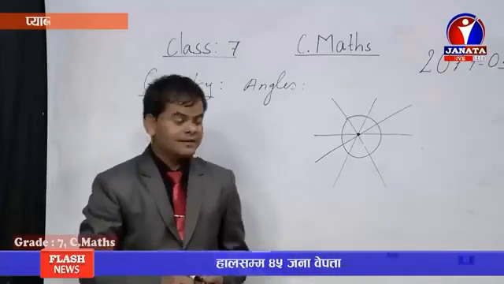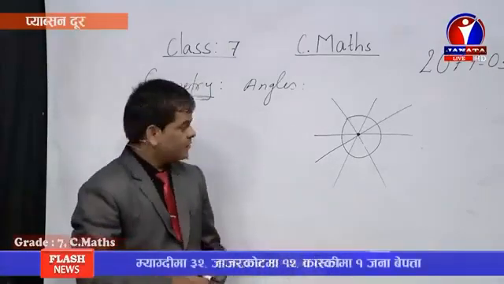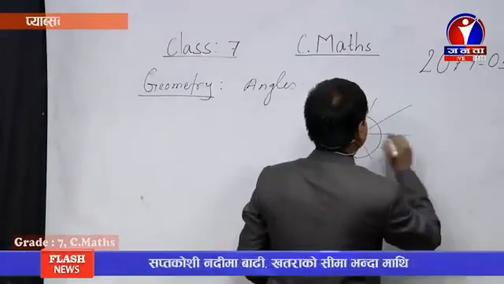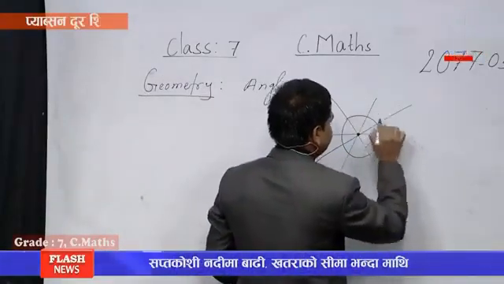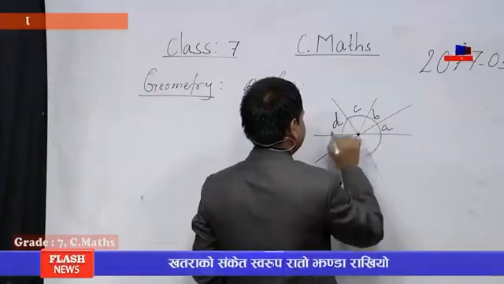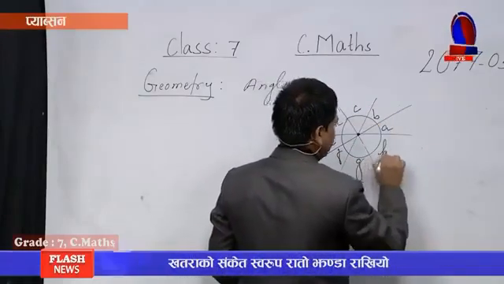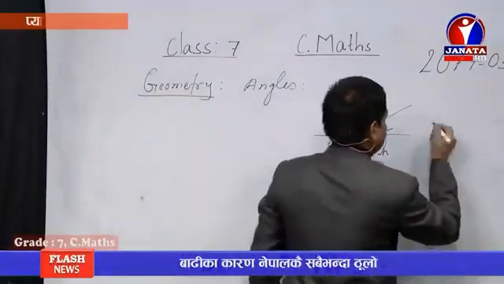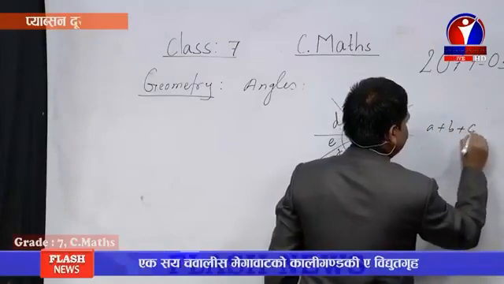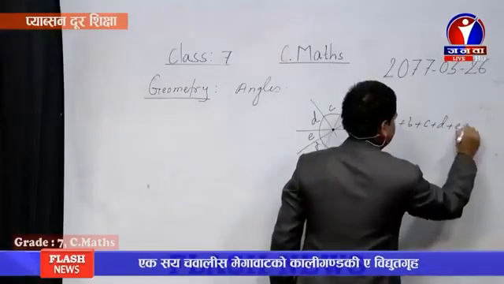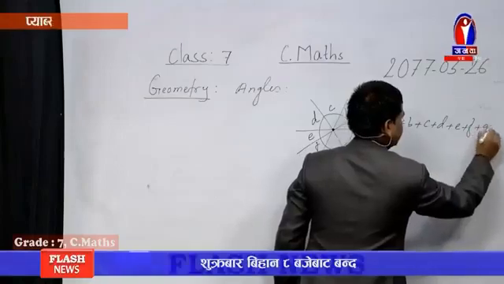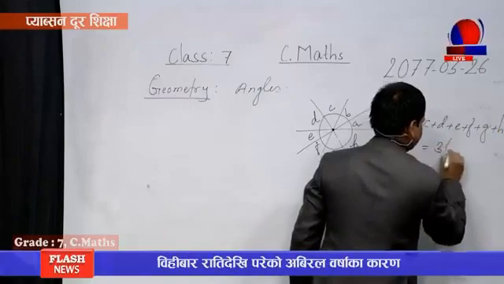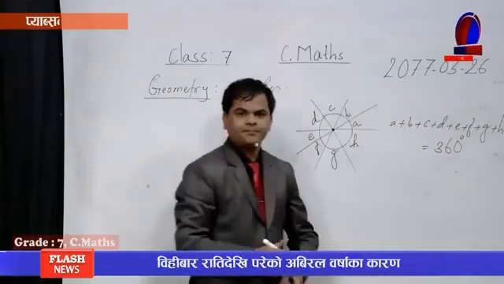You have learned in class 6 as well, dear student. What will be the sum of this whole angle? For example, I'm going to keep this one as A, this one as B, this one as C, and D, E, F, G, and H. So altogether, if you combine together, dear student, A plus B plus C plus D plus E plus F plus G plus H, this all angle sum becomes 360 degrees.